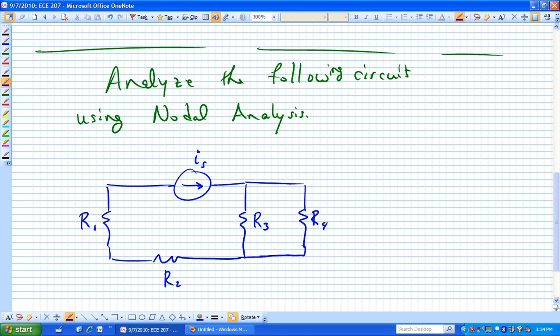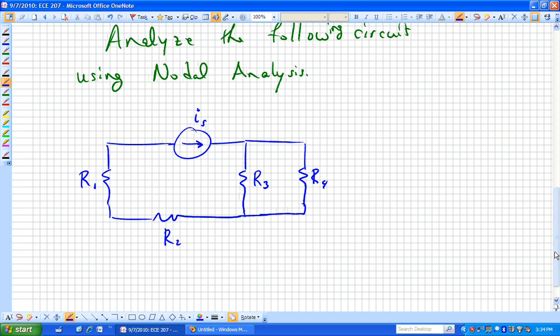If I'm wanting to analyze this, especially if I now tell you to do it via nodal analysis, what are we trying to identify, or what's maybe one of the first steps in the process of performing nodal analysis? Finding voltage. Okay, we need to find voltages, and before we even do that, what do we have to find? The nodes, correct?